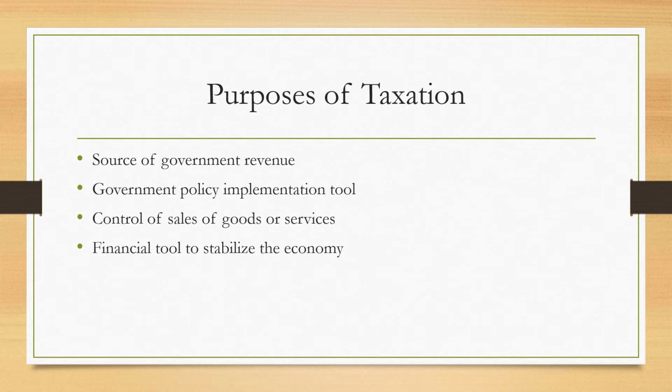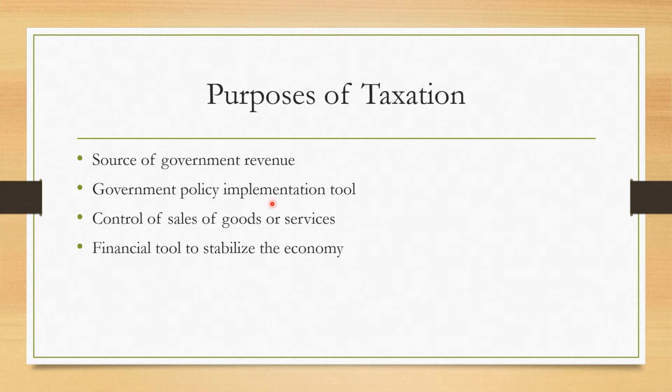So, what are the purposes of taxation right here? Source of government revenue. What this means is to govern the country and to finance certain development projects, for instance. Another would be a government policy implementation tool. One of the few examples would be tax relief. Later on, you'll be learning what tax relief is.